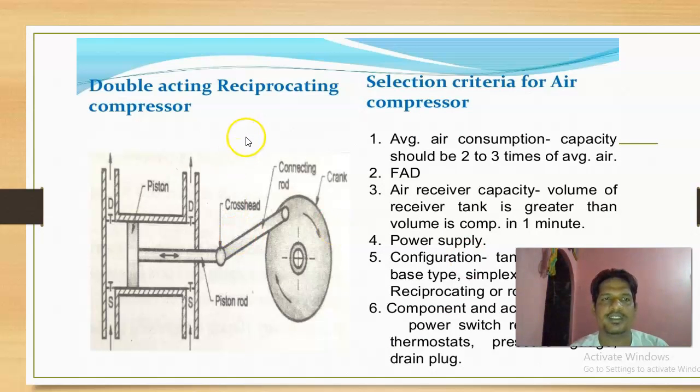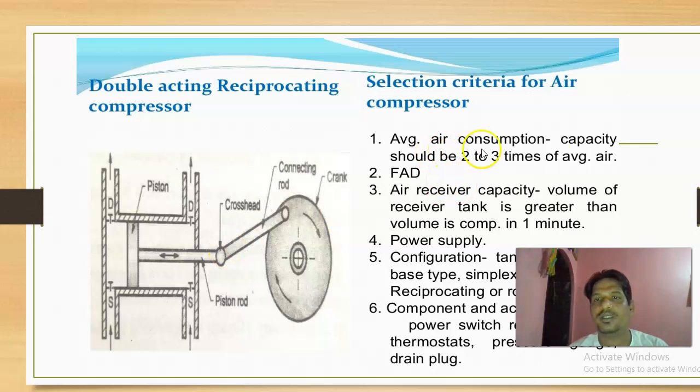So firstly, that is the compressor. How will we select the compressor? That is the selection criteria for the air compressor. This is a general diagram of the compressor, where the crank is provided, which is rotated 360 degrees, and based on that crank mechanism the piston will move back and forth.